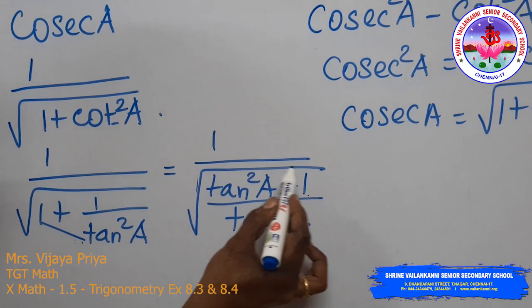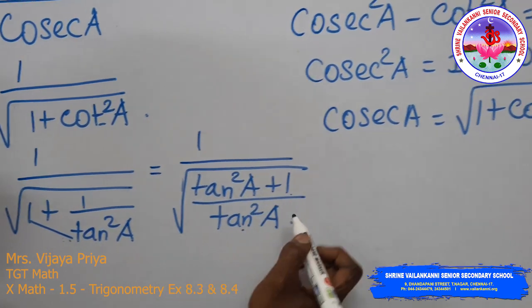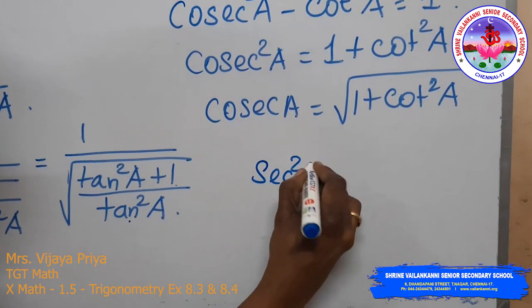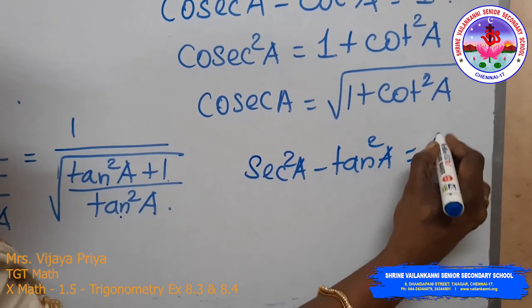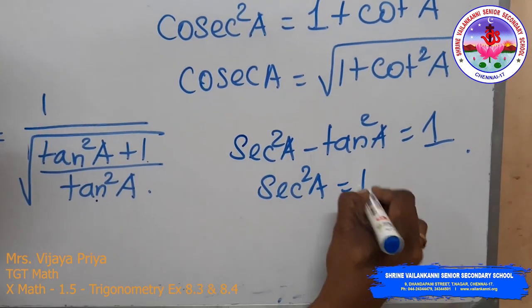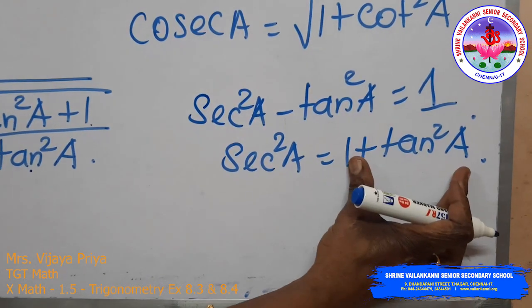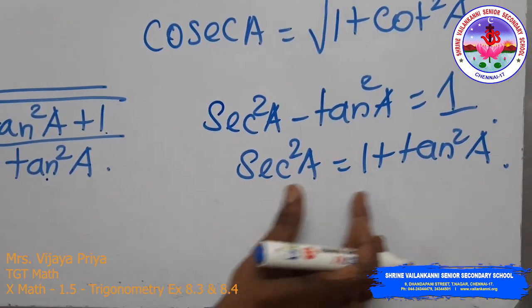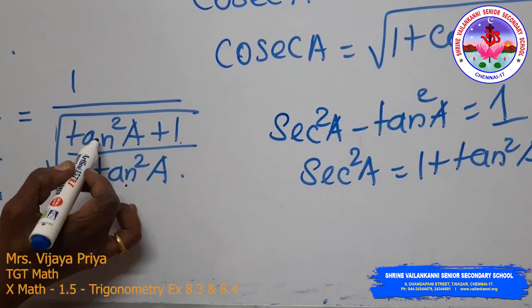Now in the denominator you have square root of tan squared A plus 1 by tan squared A. This reminds me of the trigonometric identity secant squared A minus tan squared A is equal to 1, where secant squared A is equal to 1 plus tan squared A. So I am going to write tan squared A plus 1 as secant squared A in this problem.